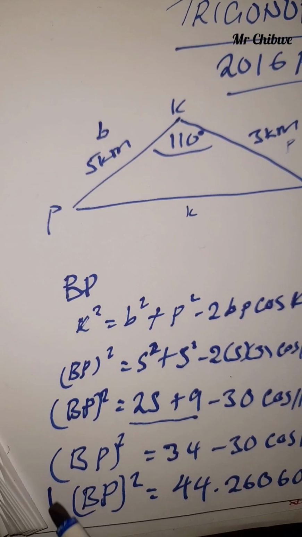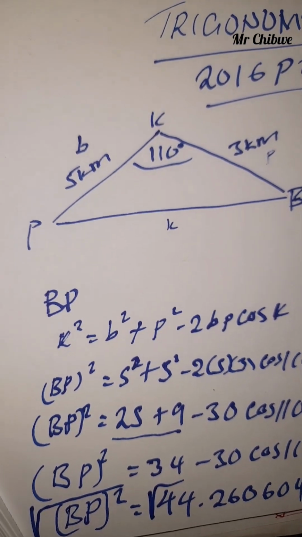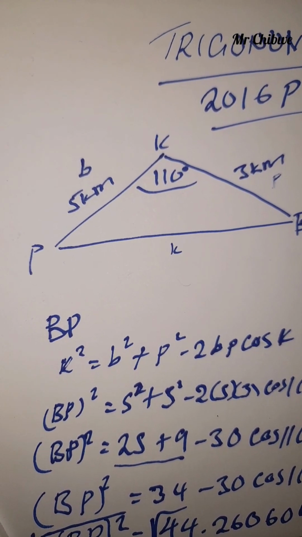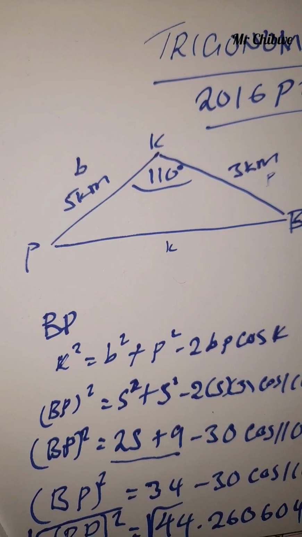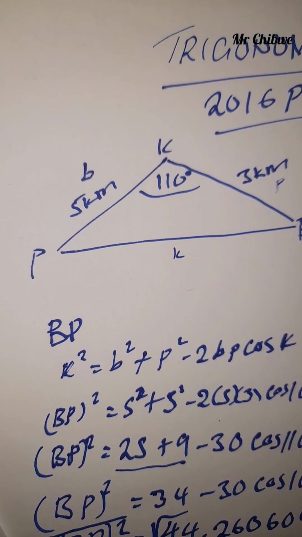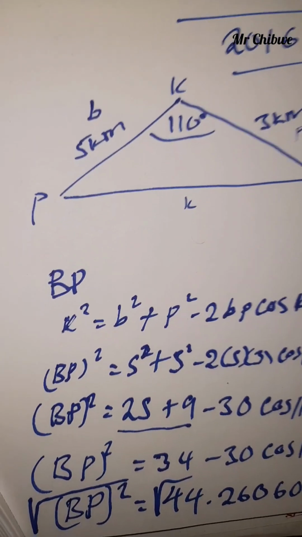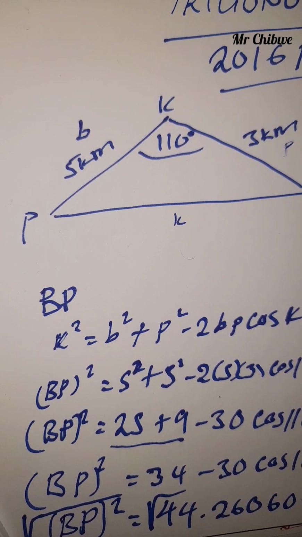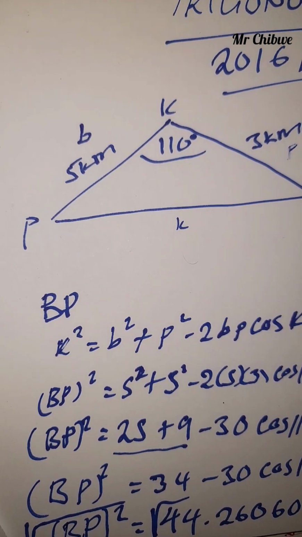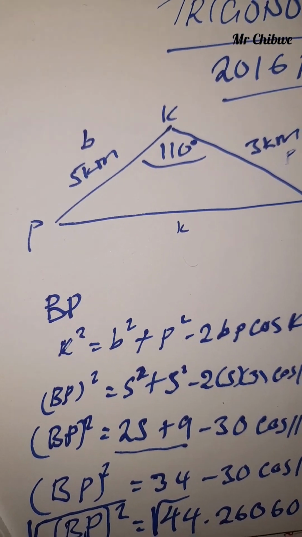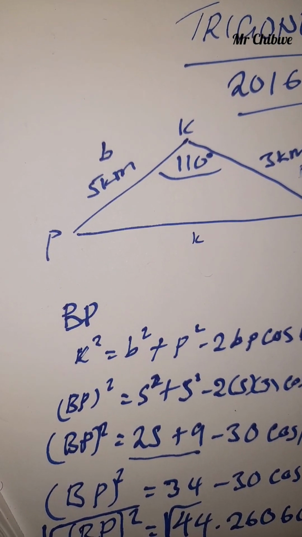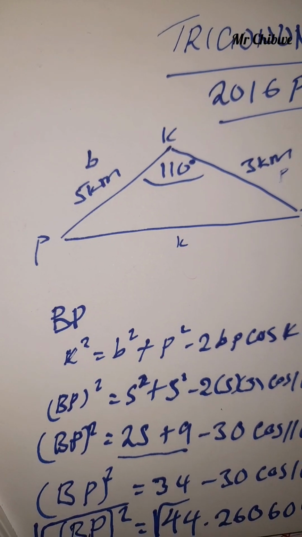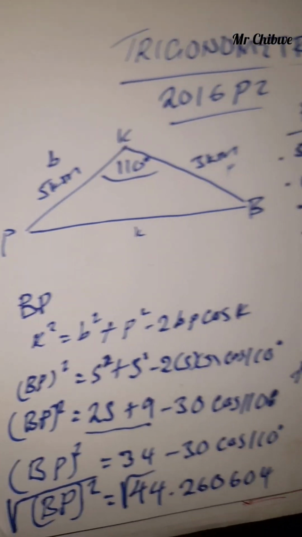Now when you square root here, the square root of 44.26 is 6.6.